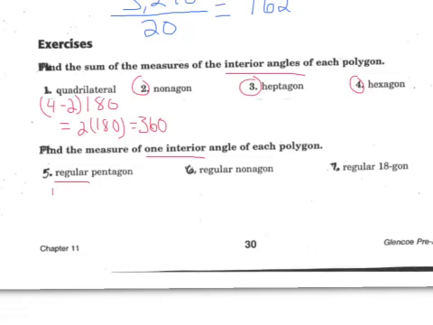We can do 5, the number of sides, minus 2 times 180. That will give us the measure of all the interior angles, and if we're looking for each angle, we're going to divide that by the number of angles, which is 5, and that will end up giving us 108 degrees for each angle.